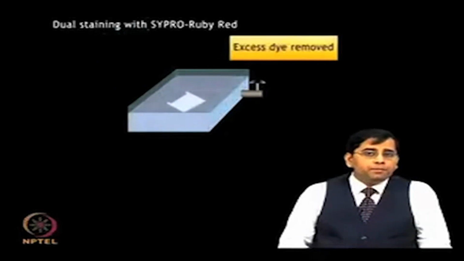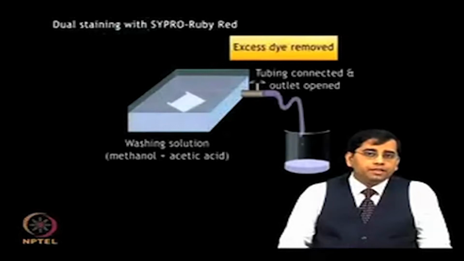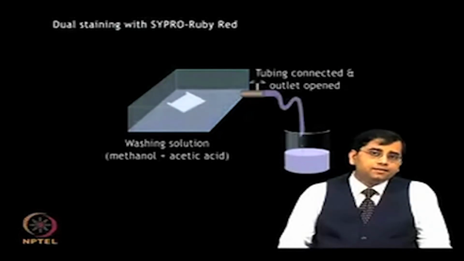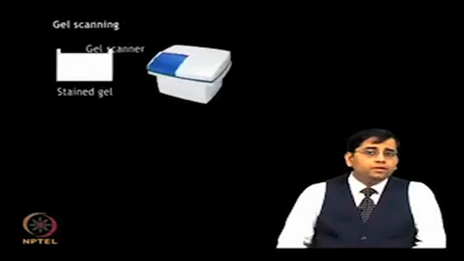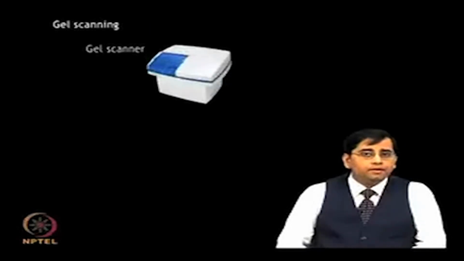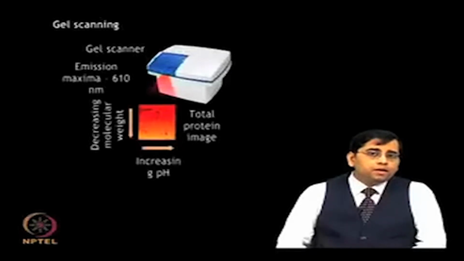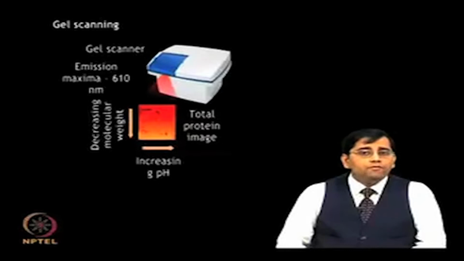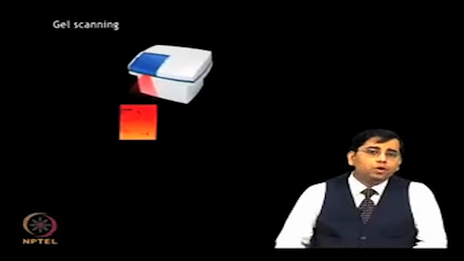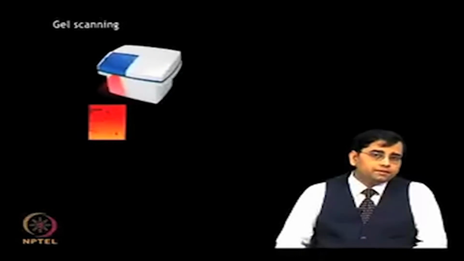Excess dye can be washed off using methanol and acetic acid. The gel stained with SYPRO Ruby is scanned in a gel scanner at its excitation maxima. The image produced will have more spots since all the proteins present on the gel can be detected.